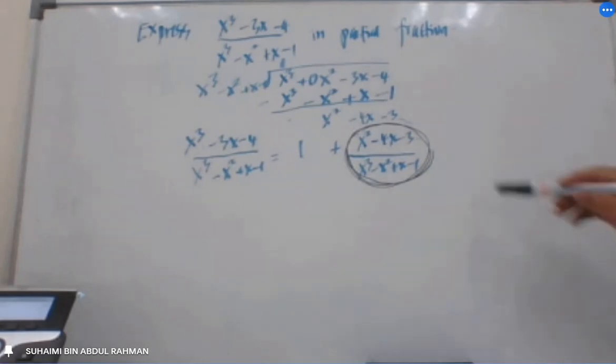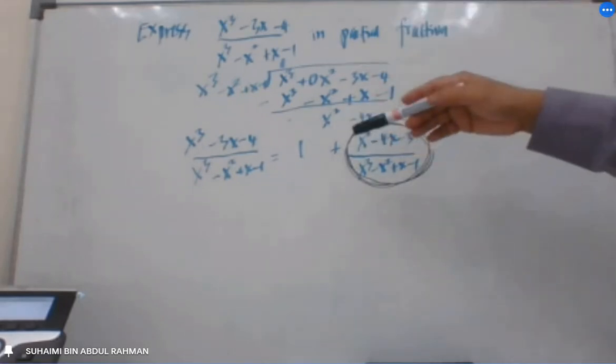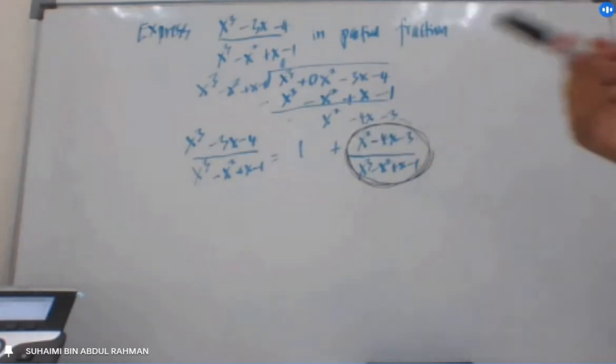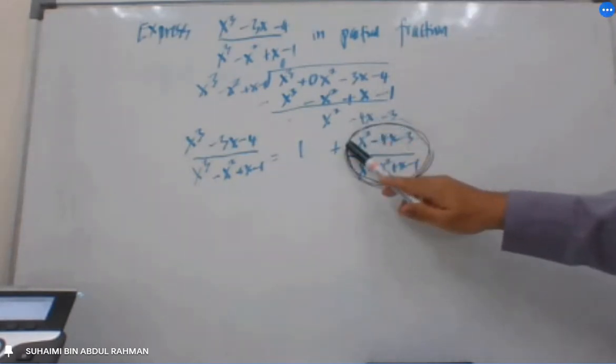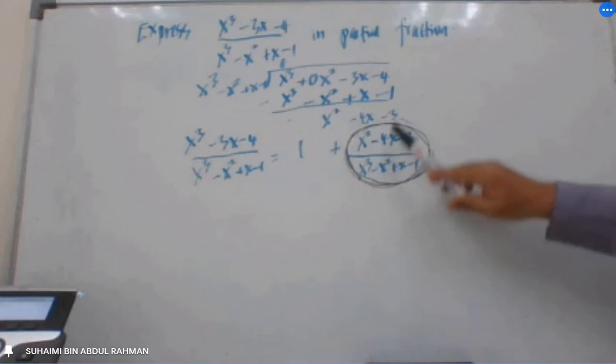Rational. So we go back to the guidelines of using partial fractions.